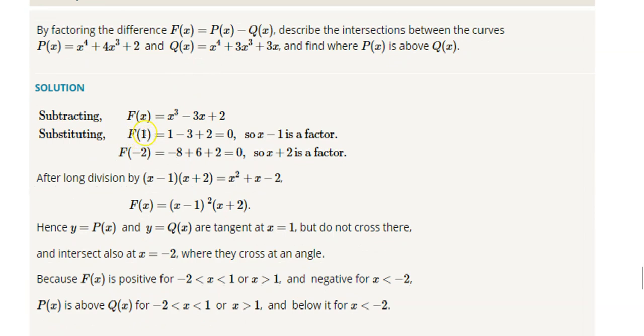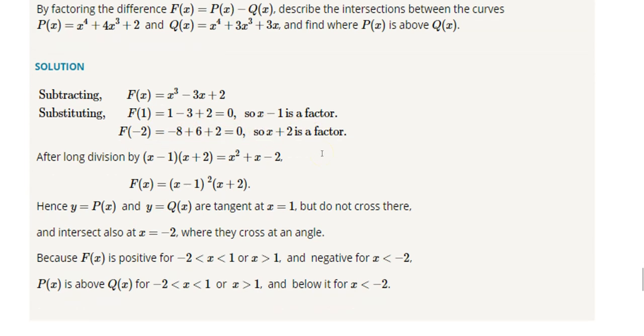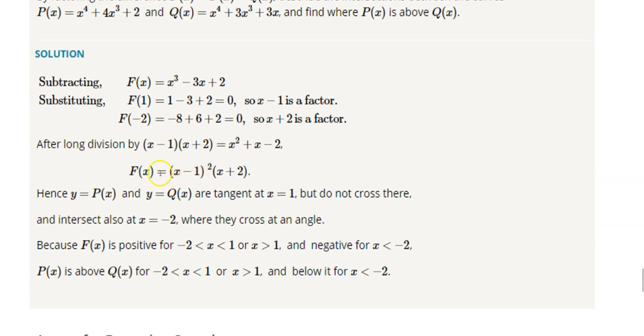If we try and find f of 1, we get 0, so that's a factor, and f of negative 2 is also 0, so that's a factor too. And then they do a long division, and we get f of x equals x minus 1 squared, x plus 2. Now remember, with the degrees thing, let's just have a look at this and think about what does this part look like.